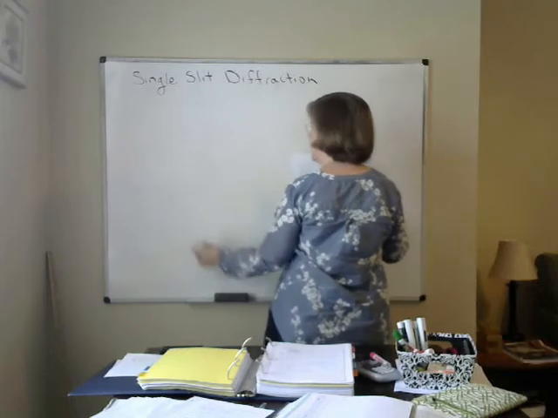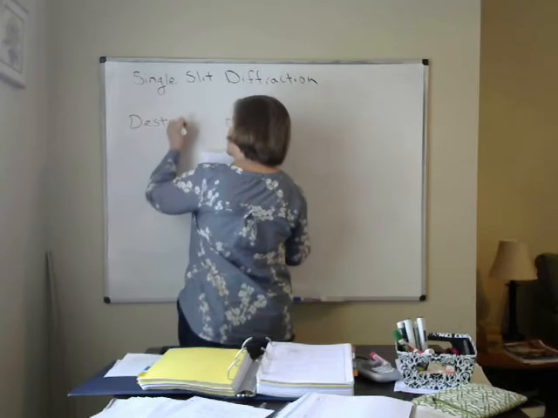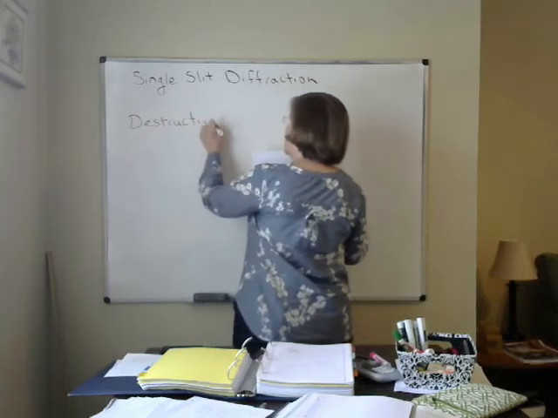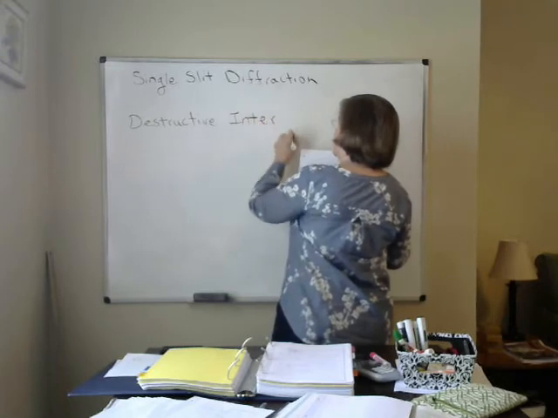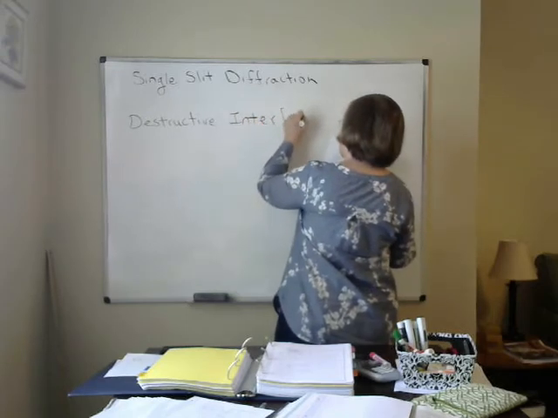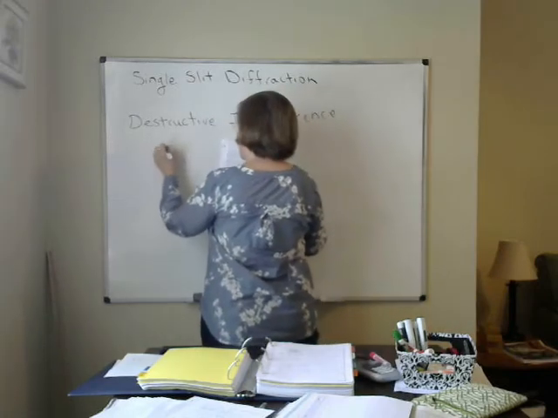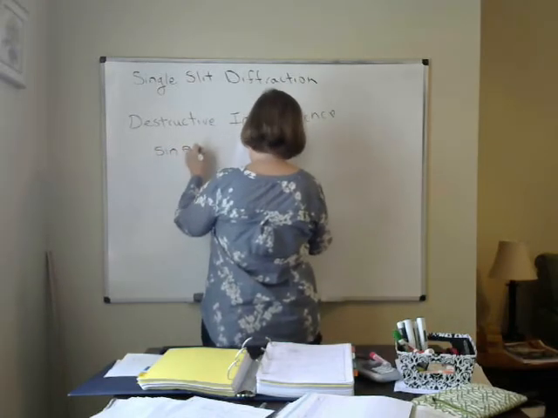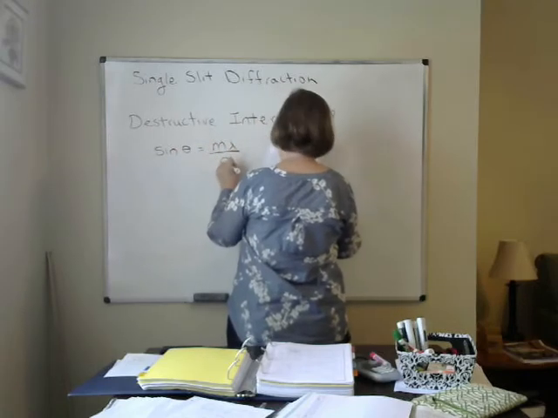The destructive interference, which is what we normally talk about when we talk about single slit diffraction, occurs when sine theta equals m lambda over a.